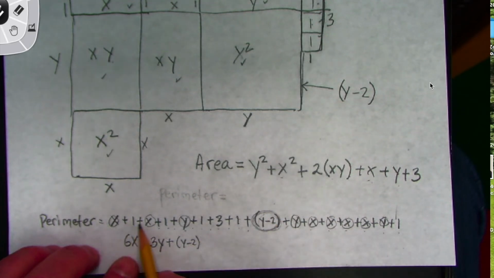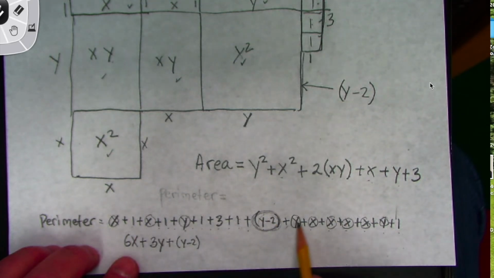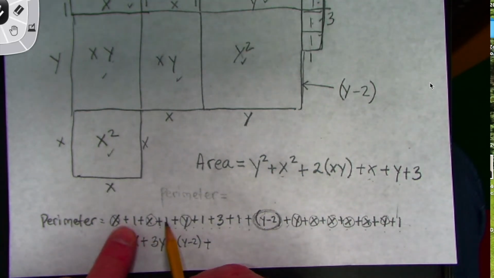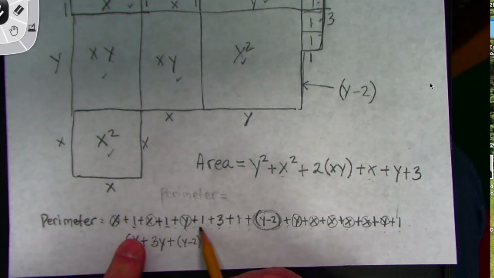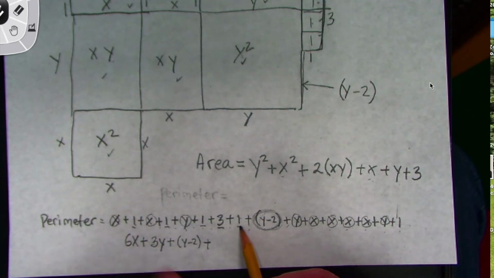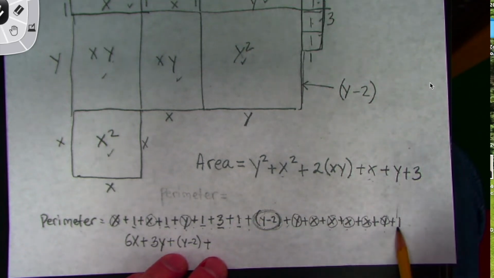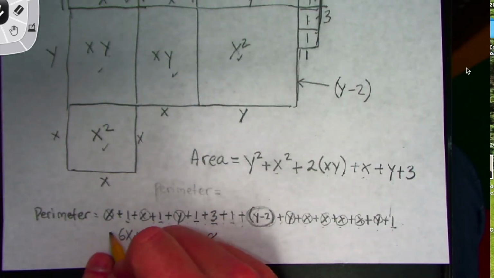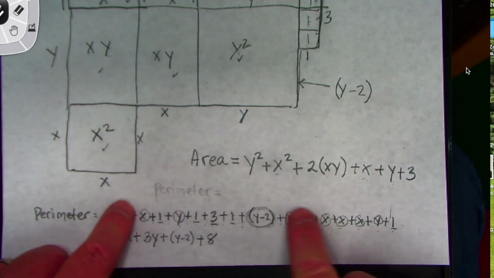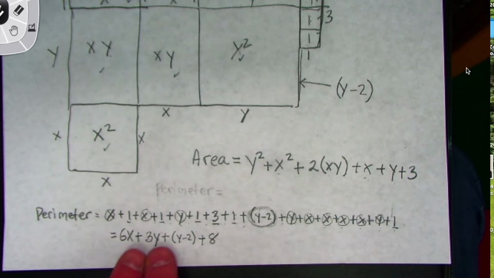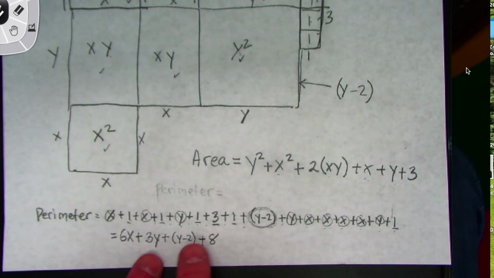And that's all my variables, right? Now I just have to figure out plus what? 1, 2, 3. Plus 3 is 6. Plus 1 is 7. Plus 1 is 8. So our simplified expression, when we simplify this whole thing, is 6x plus 3y plus y minus 2 plus 8.